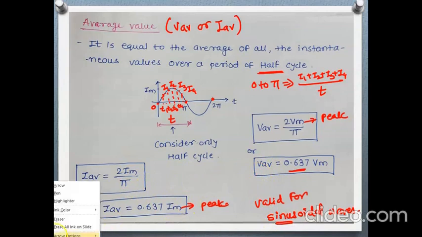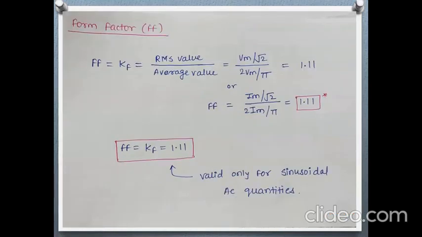Okay. Now, let's see the form factor. The form factor is the ratio of RMS value to the average value. Suppose we are calculating the form factor for voltage, then the RMS value of voltage is Vm upon root 2 and the average value is 2 Vm upon pi, and we will get 1.11.